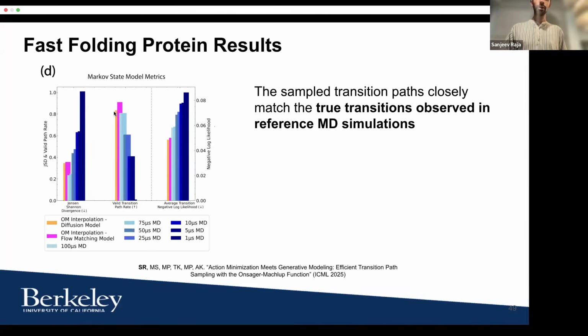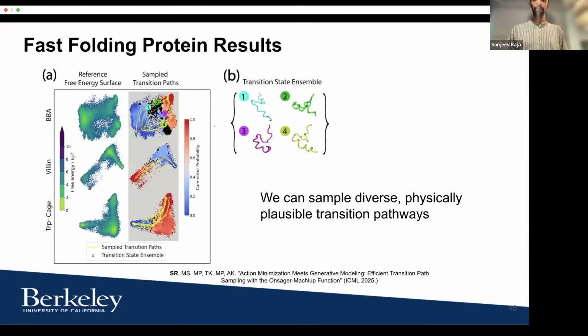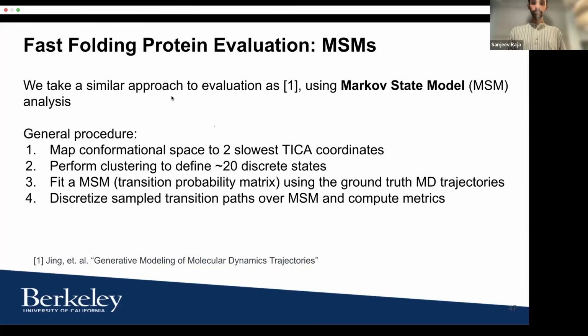But our methods consistently find valid transition paths. By valid, I mean they have non-zero probability under this ground truth Markov state model, and they generally capture a reasonable distribution of states visited by the true sample. So they go through the correct regions of phase space on their way between endpoint A and endpoint B.